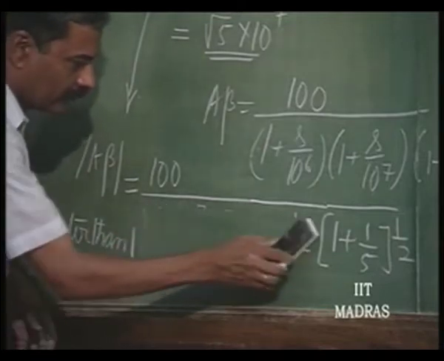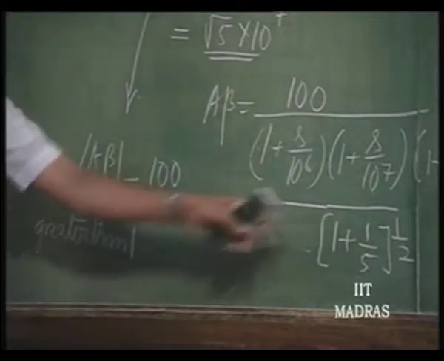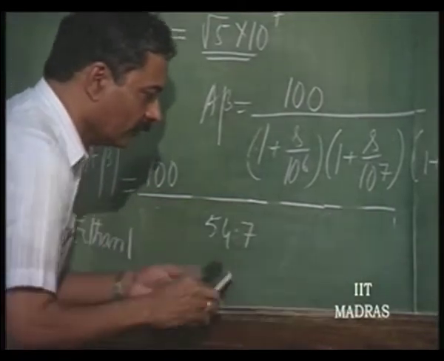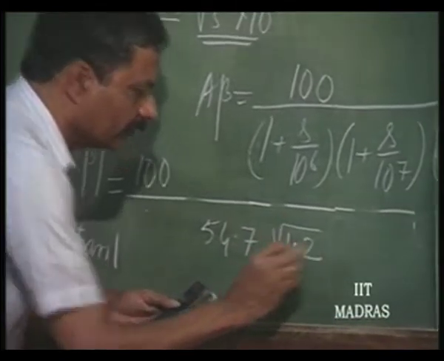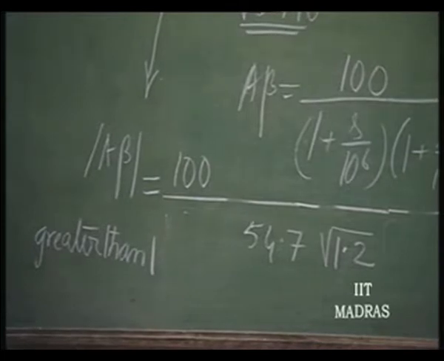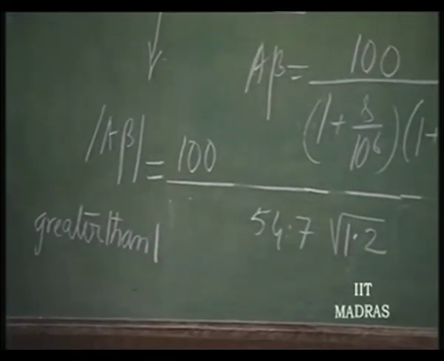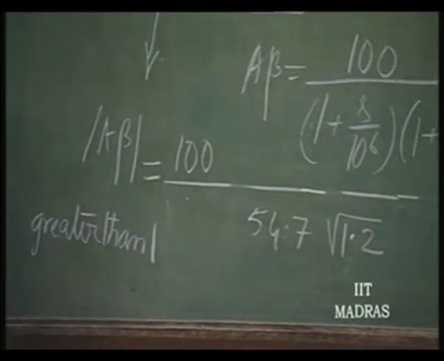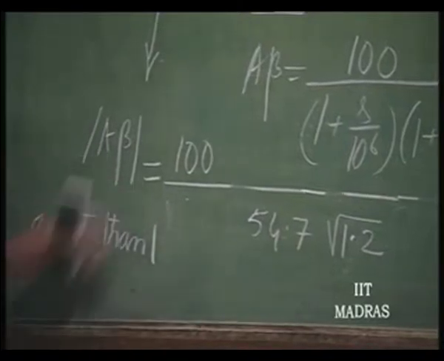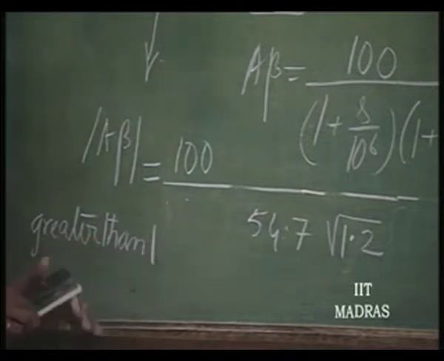So, this is 54.7 and this is just root of 1.2 about. How much is this whole thing? So, you get 1.669.